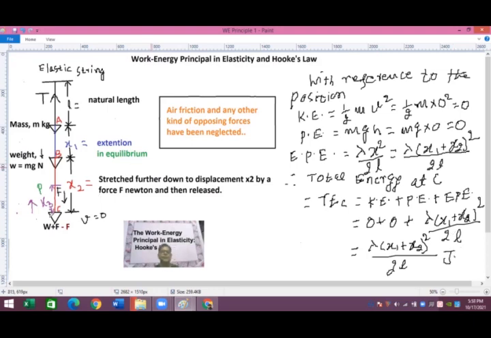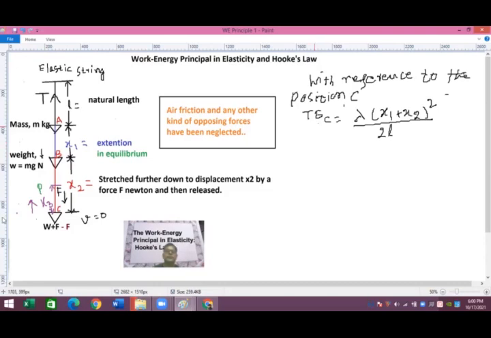Alright, so the total energy at this position C is lambda (x1 plus x2) whole squared by 2L joule.